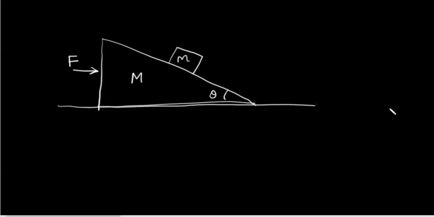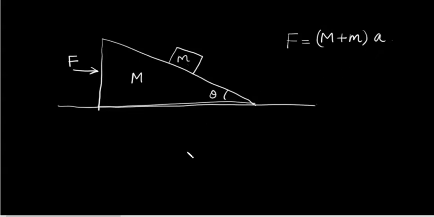So how will we do that? Otherwise it will slide down, right, if there is no force F. Again, same thing. We will say F is equal to (M plus m) into a, because this whole mass is moving together with a certain acceleration a.